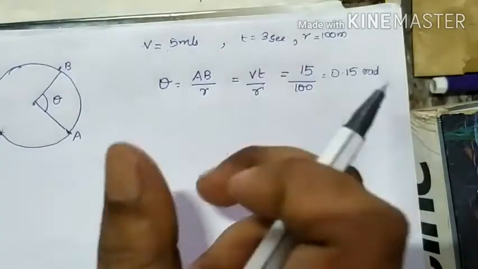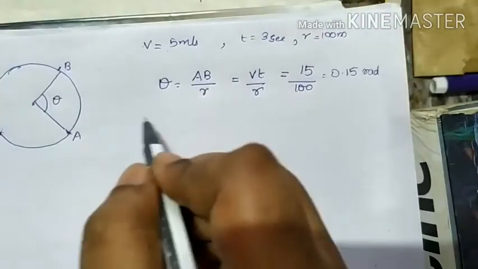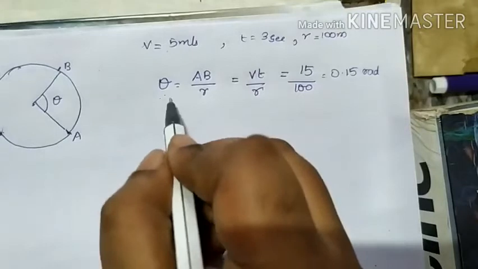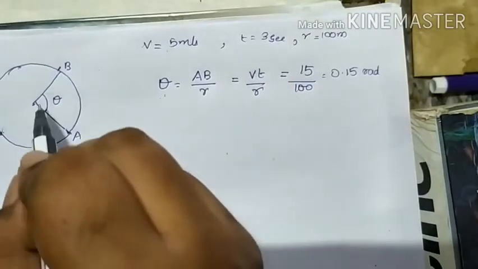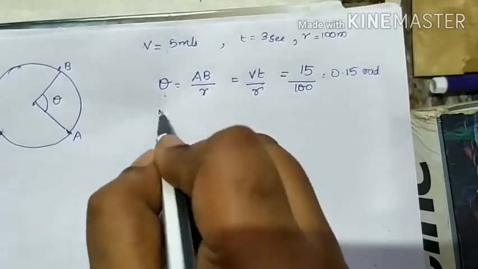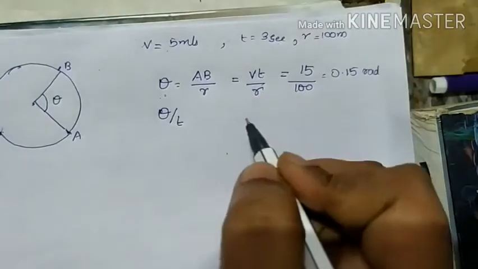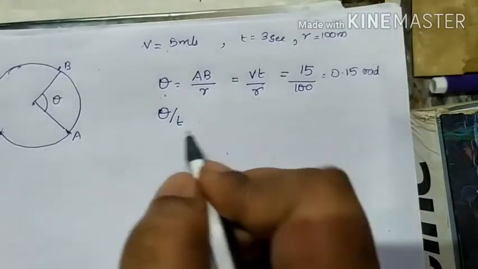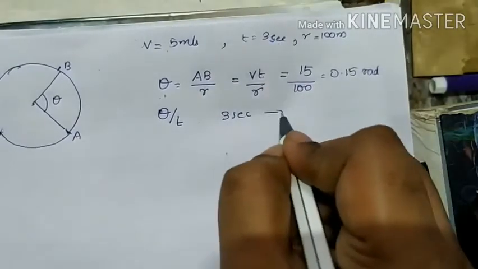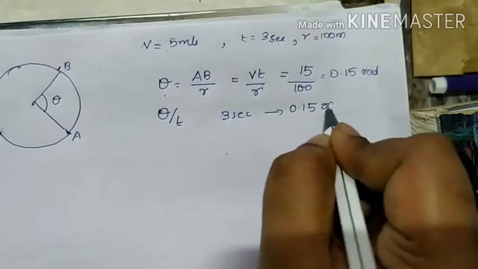Now the question I am going to change. You are asked what is the angle subtended per second by him. What is the angle subtended by the person per second at the center? That means in place of theta, you are now asked what is theta by t. Now for 3 seconds, he is subtending an angle of how much? 0.15 radian.